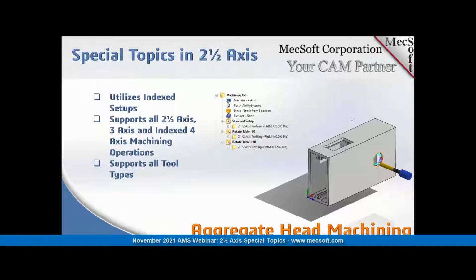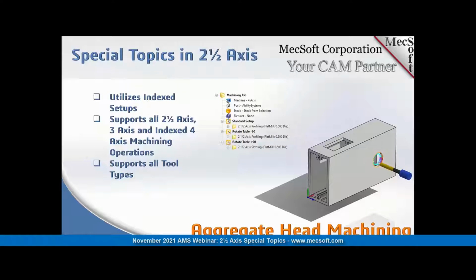First up is aggregate head machining. The illustration you see here is just a short segment of a long channel. Typically, aggregate heads are used for cutting right angle cuts on a milling table.